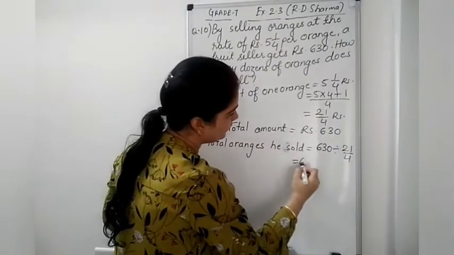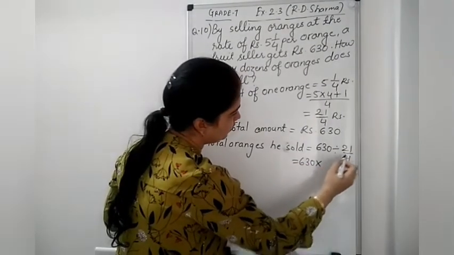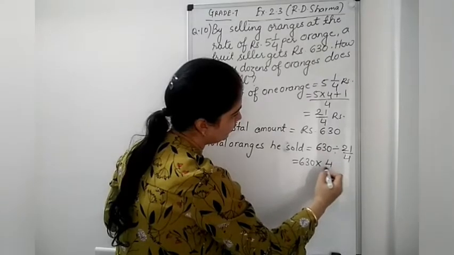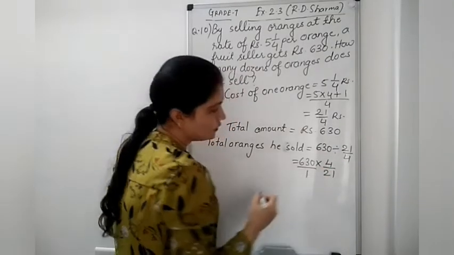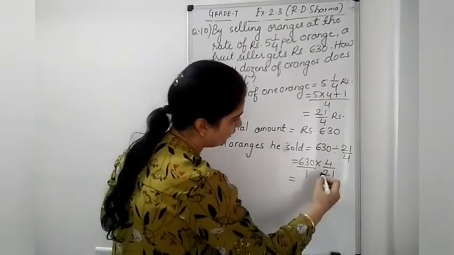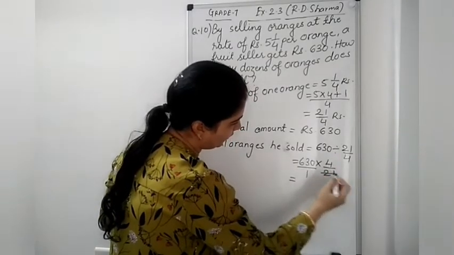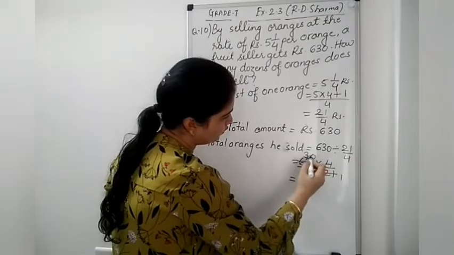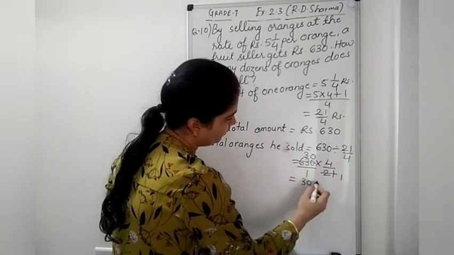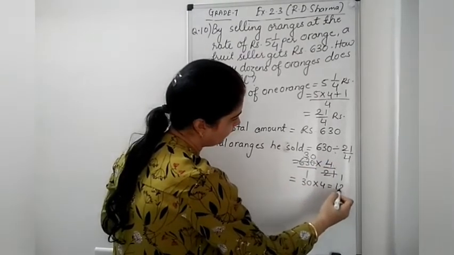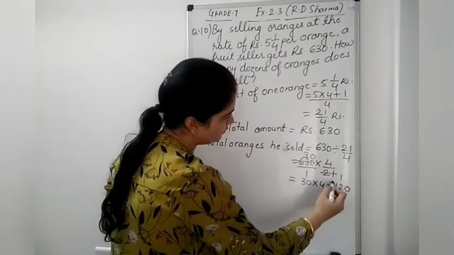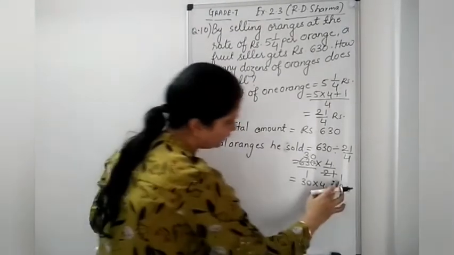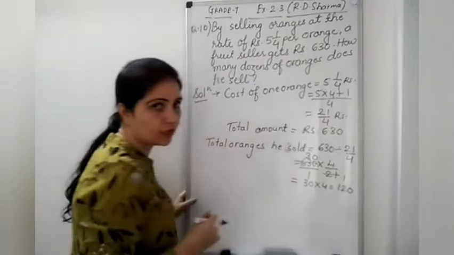So 630 multiplied by the reciprocal of 21 upon 4 will be like this. Now if you divide it, 21 1s are 21, 3s are 63, so you will get 30 multiplied by 4 means 120. This is not rupees, this is the number of oranges that he sold.